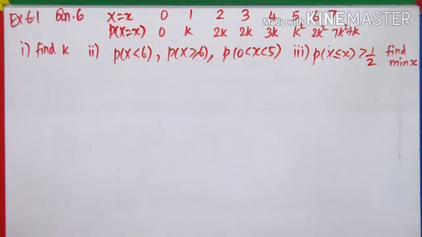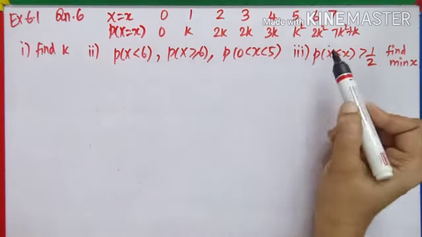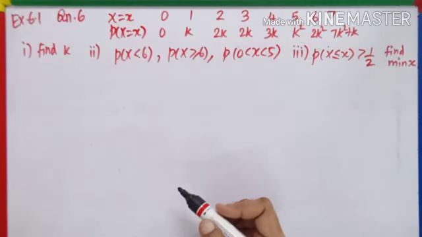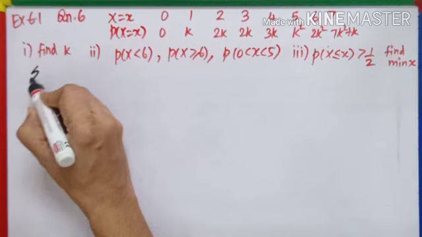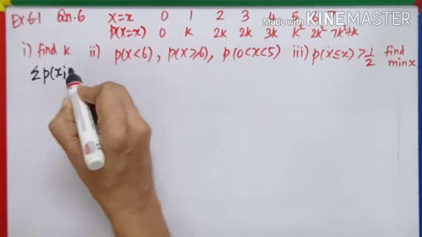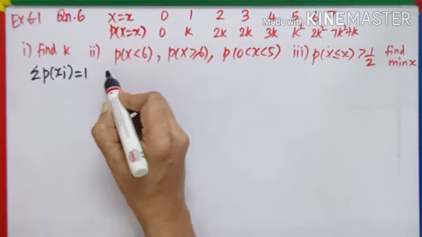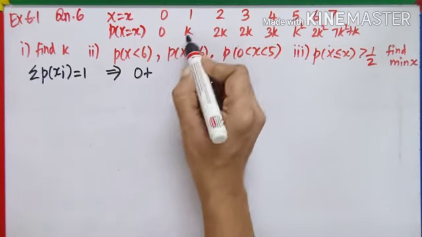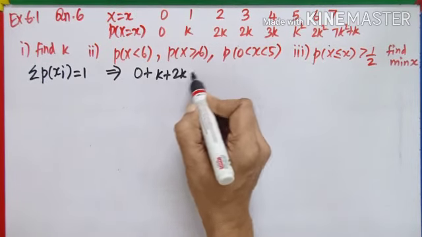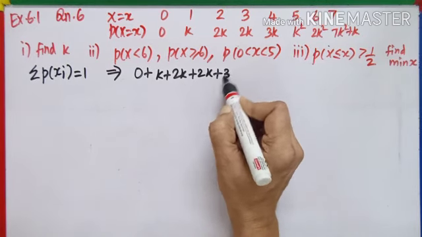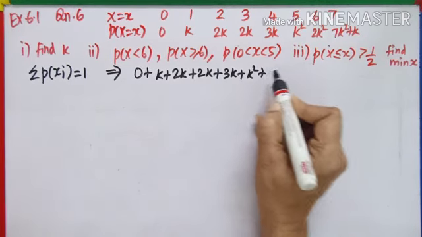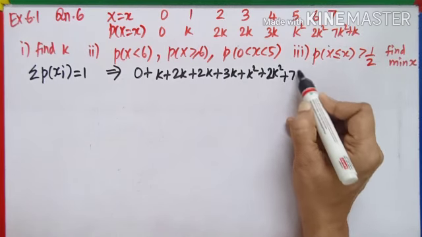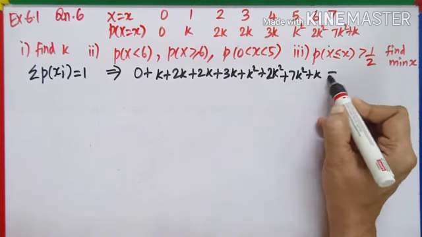Question number 6. The table is given as before. We need to find certain probabilities. The very first idea, sigma p xi equals to 1. Adding all the probabilities, 0, k, 2k, 2k, 3k plus k square plus 2k square plus 7k square plus k.